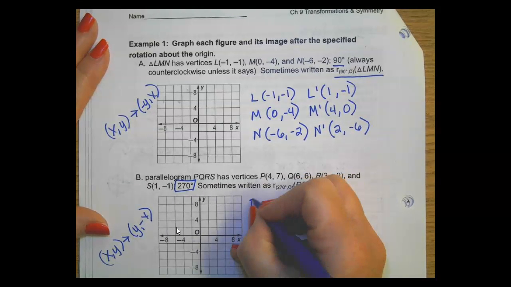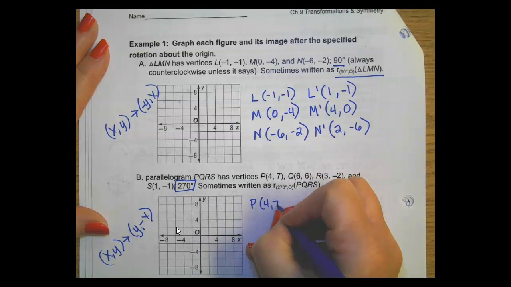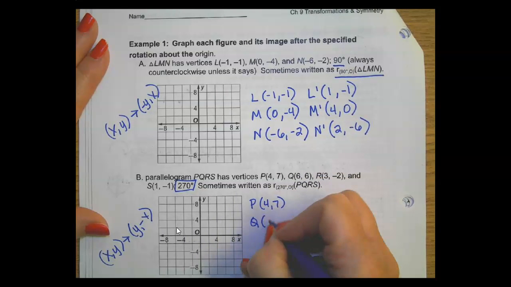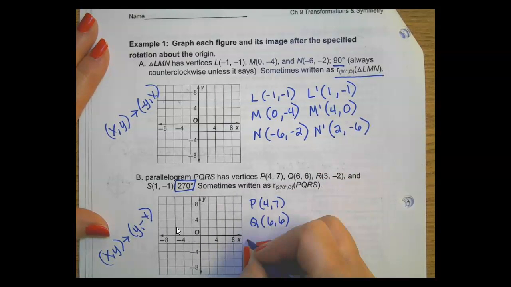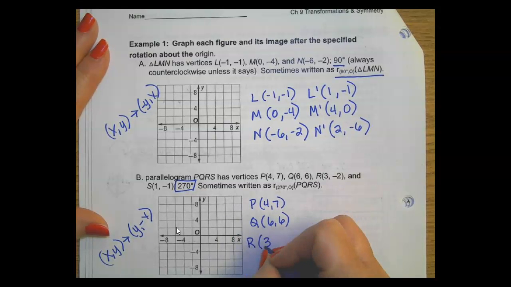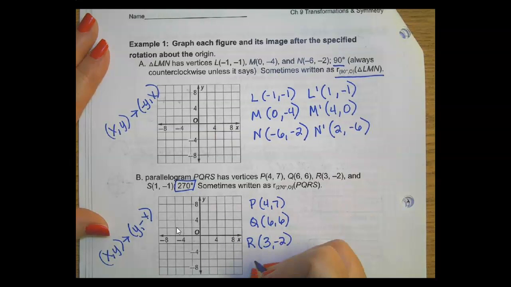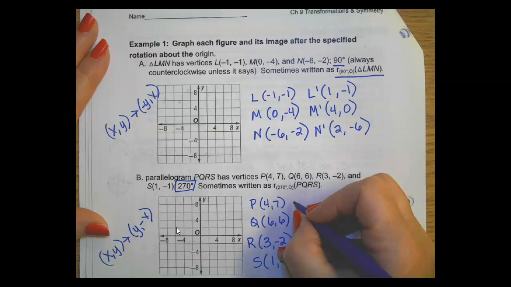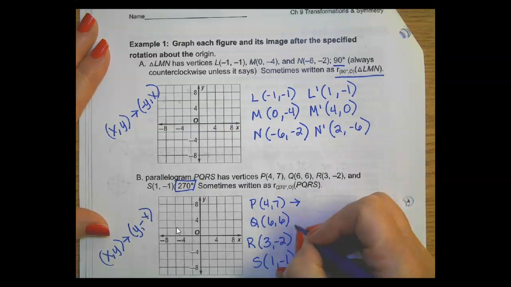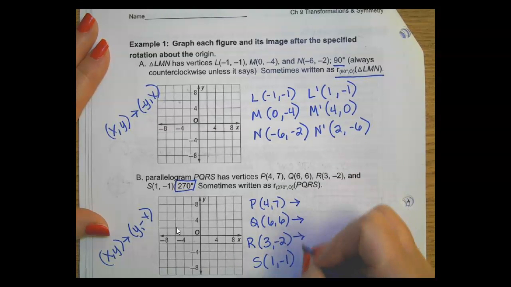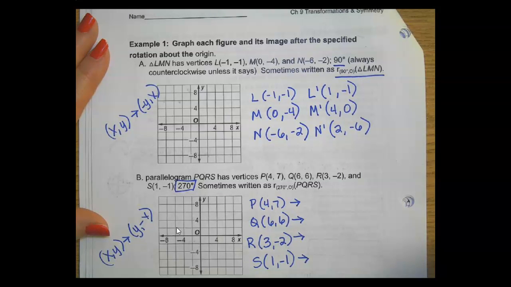So we have P, Q, R, and S. Okay, so I need to flip-flop the order, and then multiply the x by a negative 1, or just think of it as its opposite.